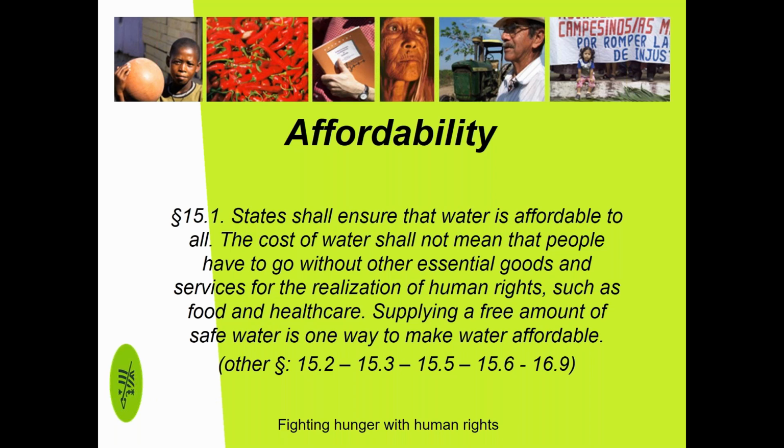Even paragraph 15, for instance, paragraph 15.5 says something about full water disconnection. In case somebody is not able to pay the bill, paragraph 15.5 says full water disconnection may only be permissible for non-payment if the person unable to pay can access an alternative source.